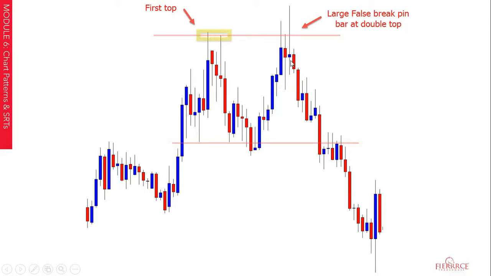So let's talk about it in terms of buyers and sellers. You know that a buyer wants the price of an asset to keep on going up because that is when they're making money, and a seller will want the price to go down because as it goes down, that's when they're making money, right?